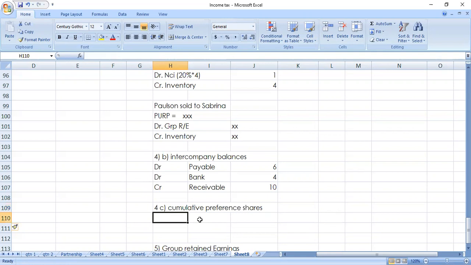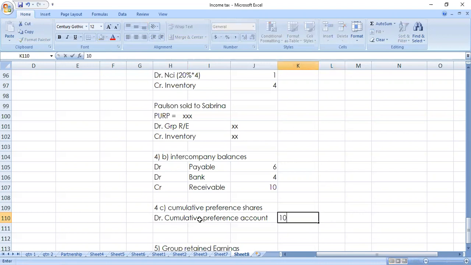So we debit the cumulative preference account with the 10,000 that we acquired, and then credit investment in Sabrina.